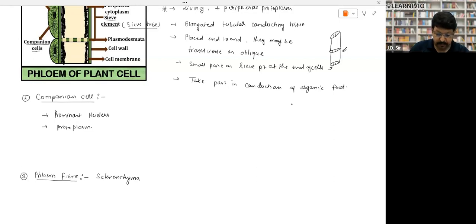So please note down: companion cells are narrow, elongated, thin walled living cells. Full stop.